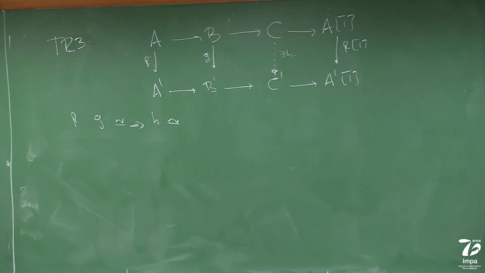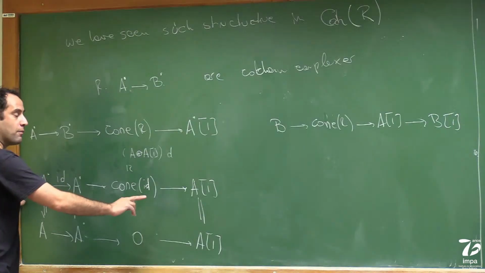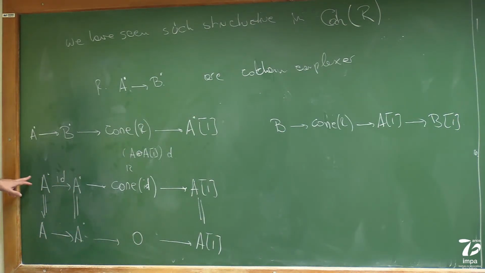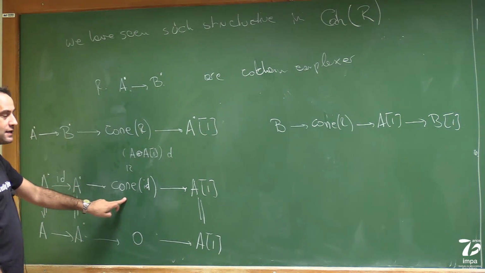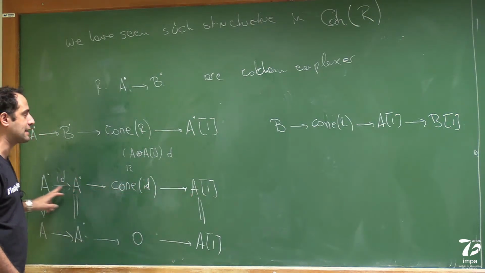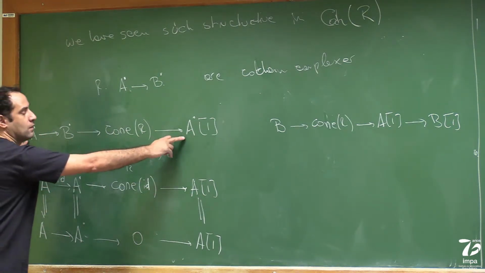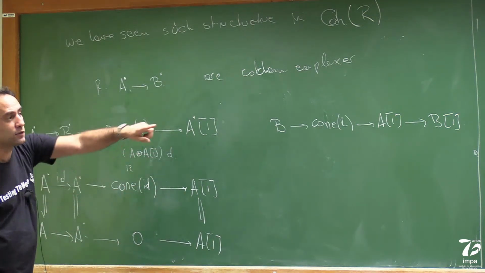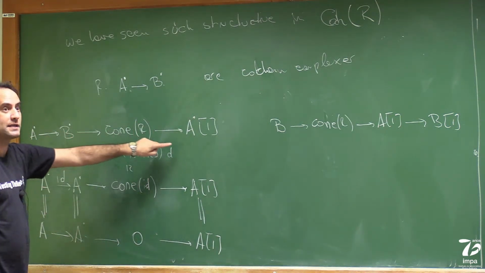So now let's try to mix TR1 with TR3 for chain complexes. I've given you A to the identity of A, the cone of the identity, and A shifted by 1. And this I would want to make into an exact triangle because this was what I've used to satisfy the second part of TR1 on cochain complexes.